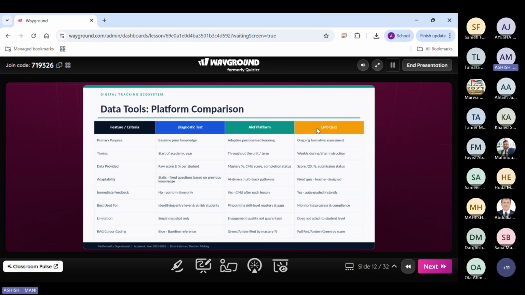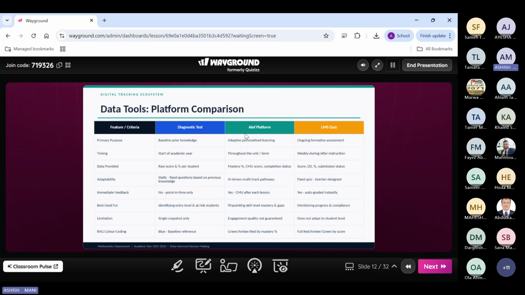Baseline means if the student is coming into grade 6, the diagnostic tells how much he knows from grade 5, whether he understands the basic concepts of grade 5, and then we can proceed with grade 6. Aleph tells about the mastery level of the students. And LMS is good for tracking the progress of the students.